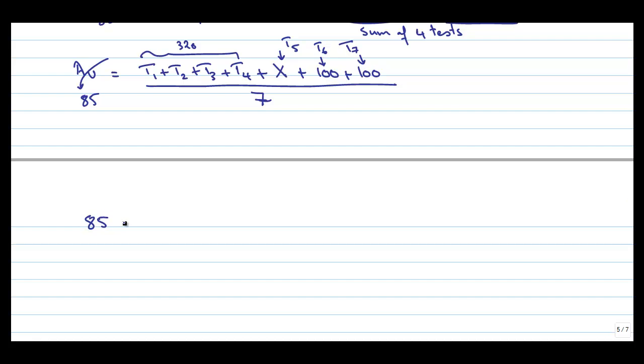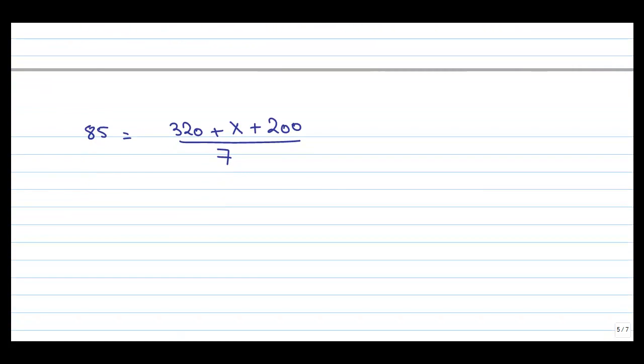So 85 is 320 plus X plus 100 plus another 100, that would be 200, over 7. Again, cross multiply and simplify a little bit, and then we work it out for X. Here we simplify it first: 320 plus X plus 200 equals 85 times 7, that would be 595.